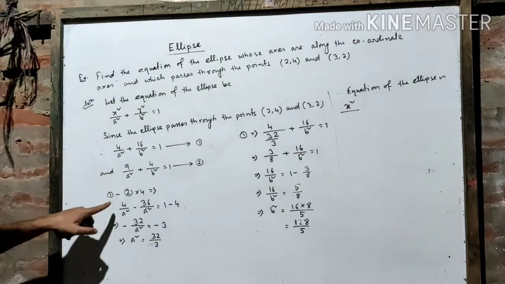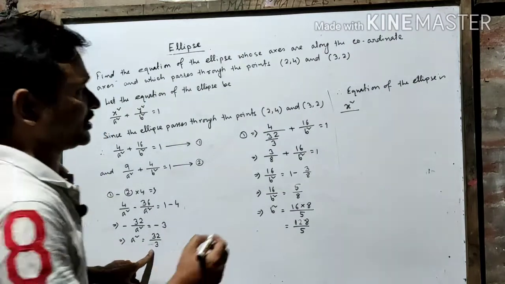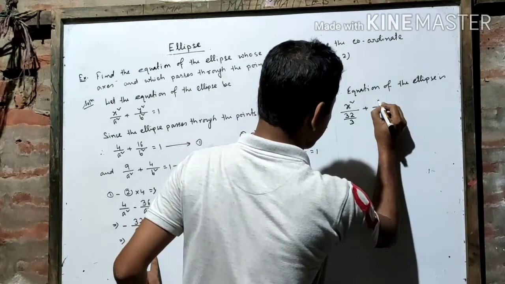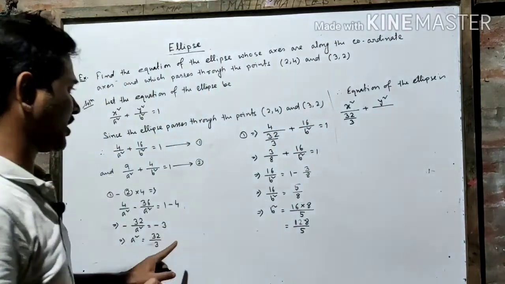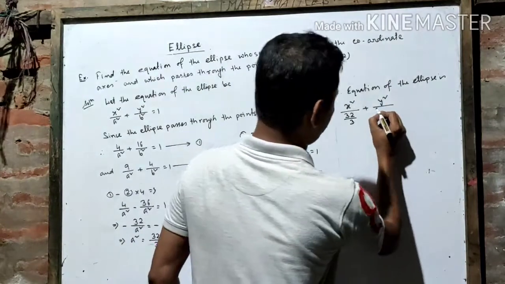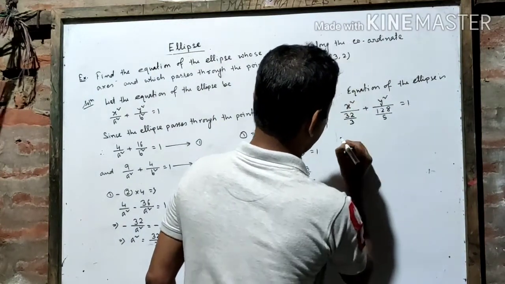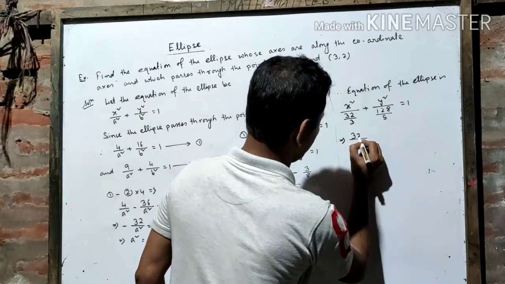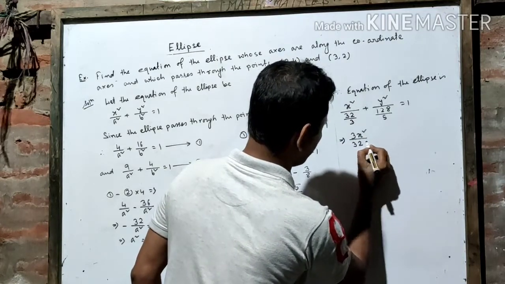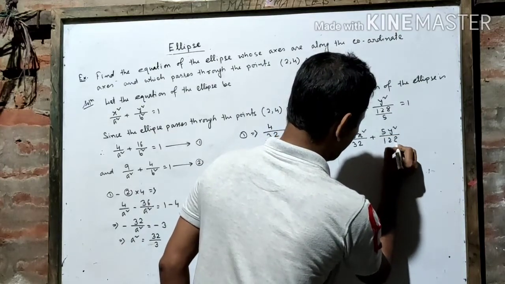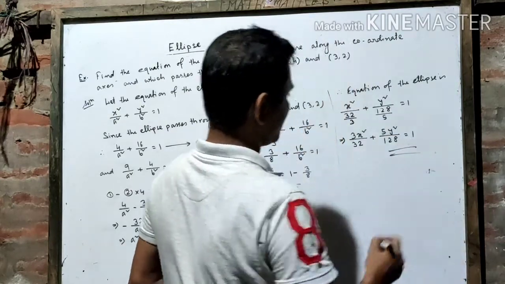What is s square? 32 by 3. So x square by 32 by 3 plus y square by b square. What is b square? 128 by 5 is equal to 1. This implies 3x square by 32 plus 5y square by 128 is equal to 1, and this is the answer. Okay.